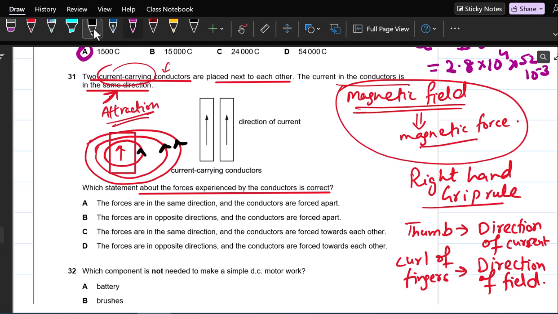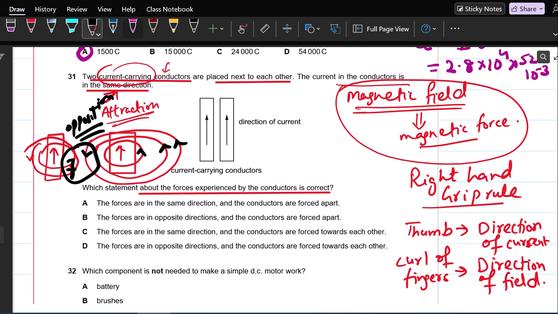And here I have the other conductor. Again, the magnetic field is going to be anti-clockwise, like this. So the field is coming from this side in the downward direction, and from here it is going upwards. So you can see the direction of the magnetic field, or you can say of magnetic force, is opposite.